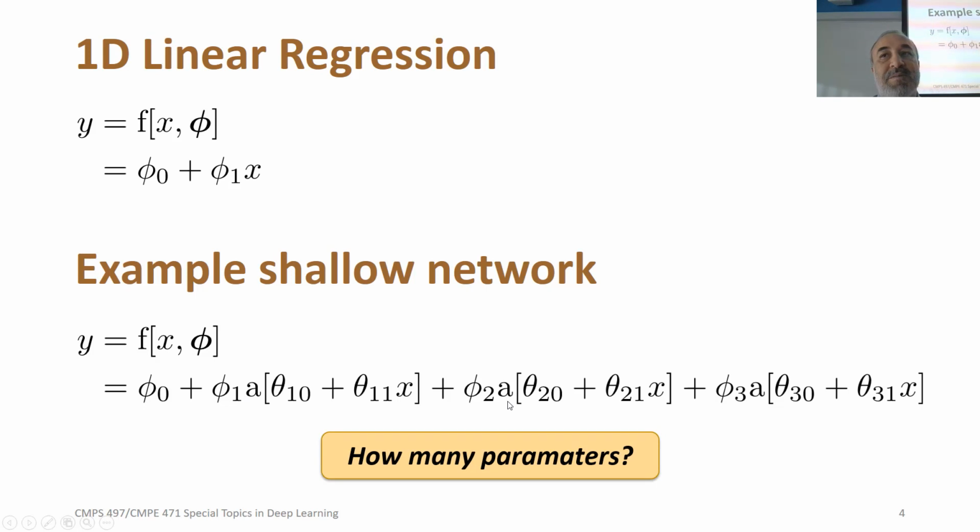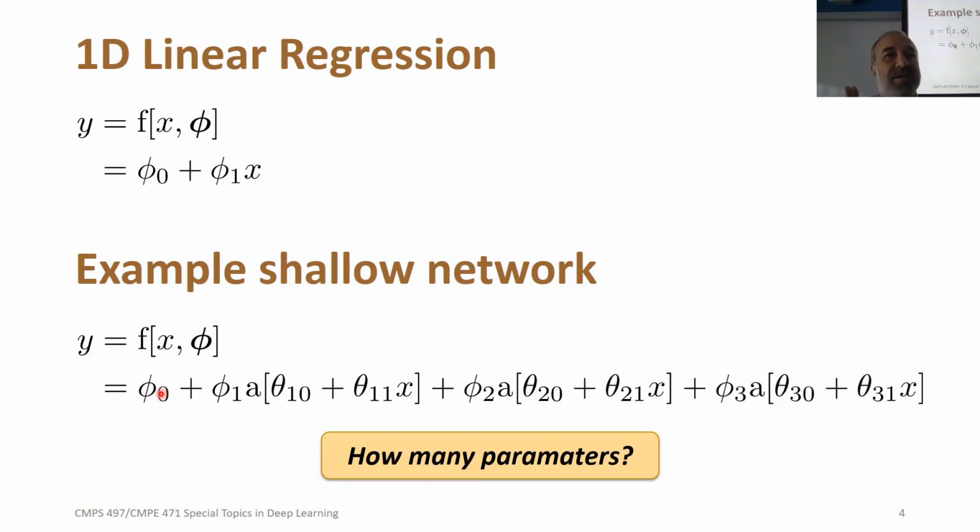Looking at this equation, can you tell me how many parameters we have? This equation represents a shallow network. Of course, we will understand how this works and what it means. But can you recognize what the parameters are and how many there are? Ten. Four or ten? Why is it ten? So let's count them. What is the first one? Phi 0. Okay.